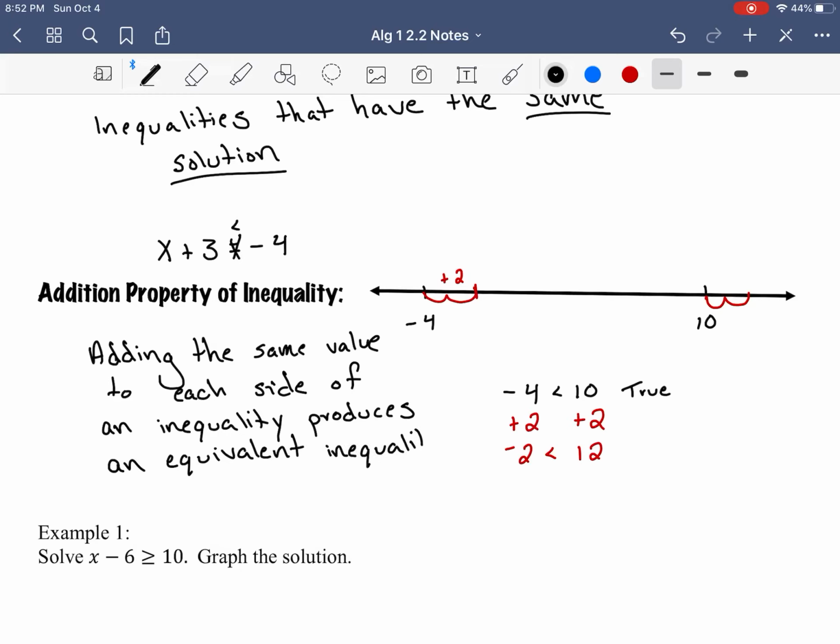Okay, in more general terms, if I know A is less than B, so I know I have some number A less than B, if we add a C to both sides, A plus C is going to be less than B plus C because the thing we're adding is the same on both sides. So we can use this rule now to help us solve inequalities.